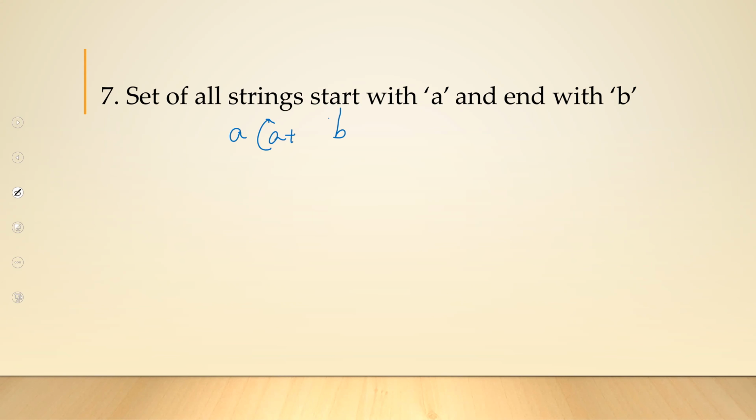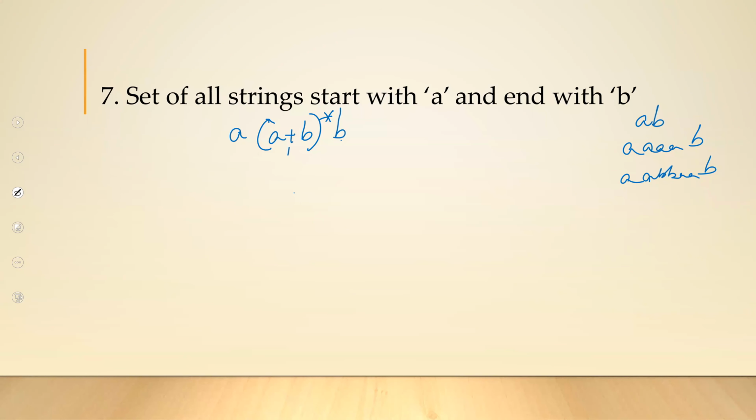It can be anything, like AB if possible, or this is possible, any combination. So in the beginning I'll have an A, at the end I'll have a B, and in between I am not bothered whatever it is. So I'll just write a rule for this.